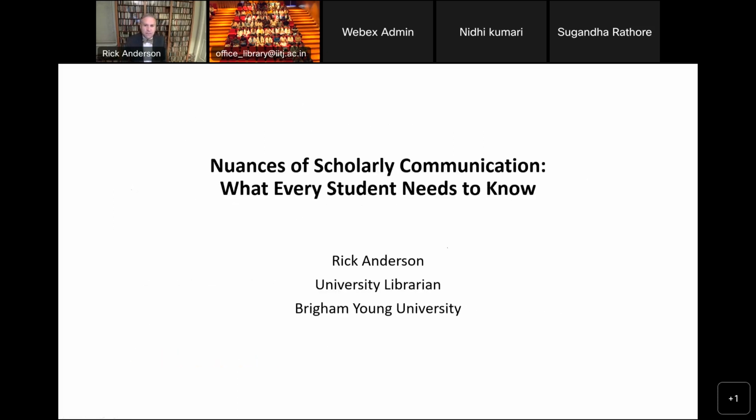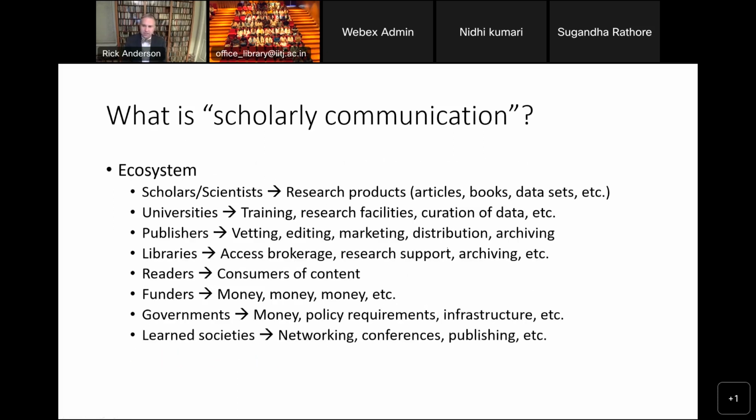So I think it's very important to understand that scholarly communication is an ecosystem. Well, why do I call it that? We usually use the word ecosystem in the context of natural ecology when we're talking about the physical world around us. But the word also applies to marketplaces.